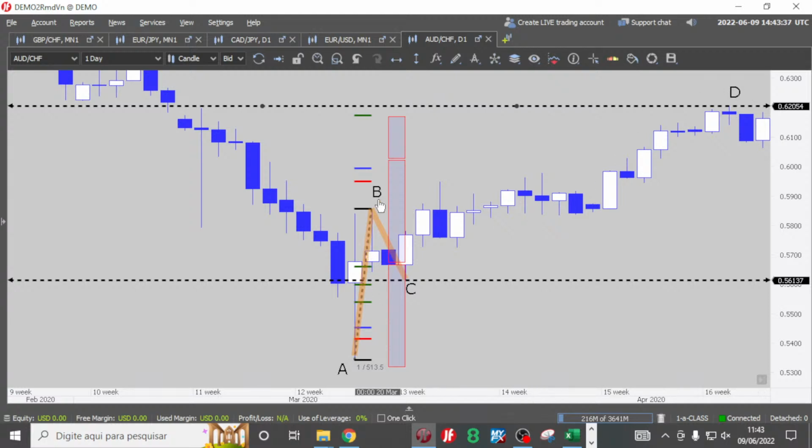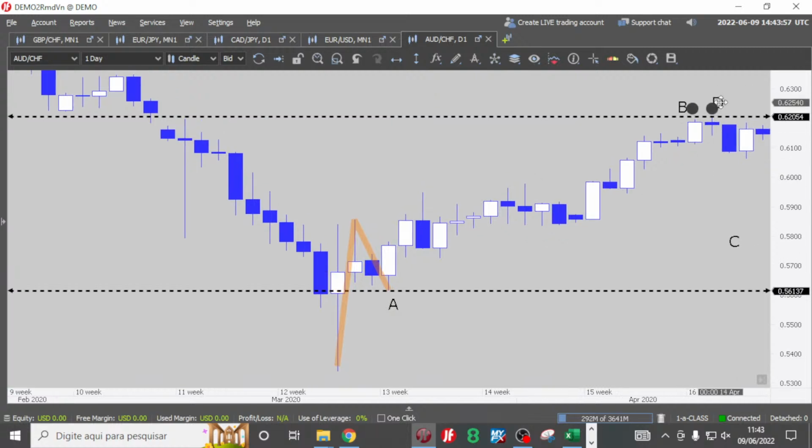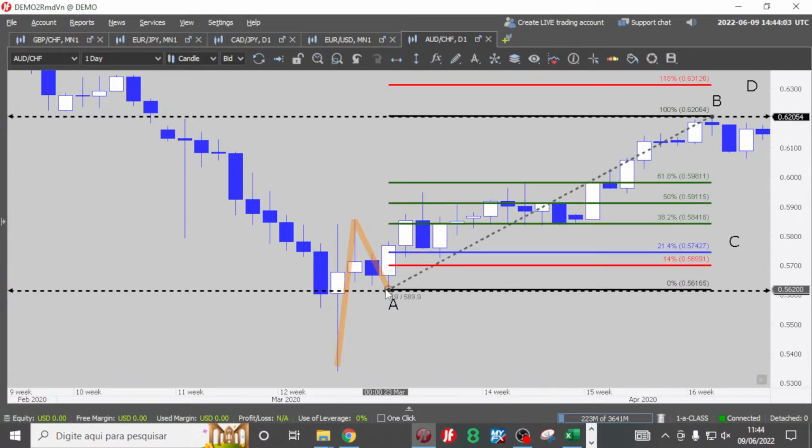You can leave it on the chart or you can delete it. I'm going to delete it. So A goes to C, and B goes to D. This is why the high is important. Fibonacci retracement tool. We're going to spread the Fibonacci again.